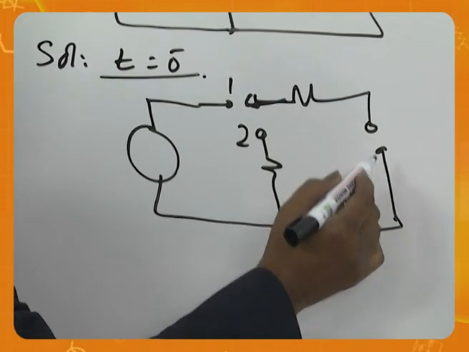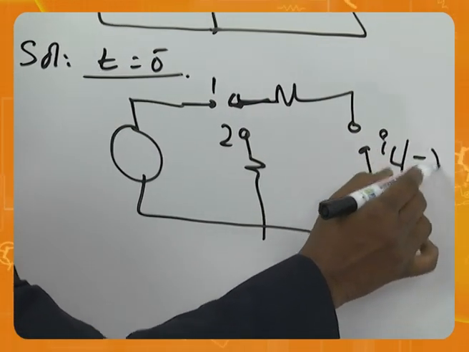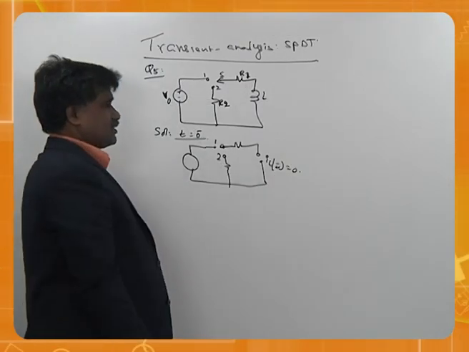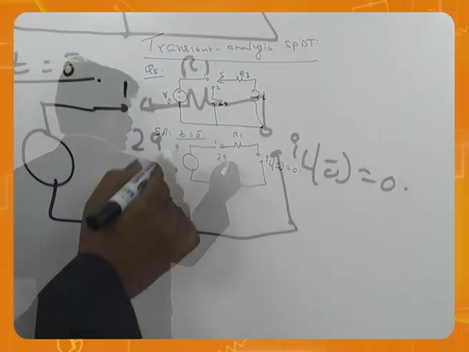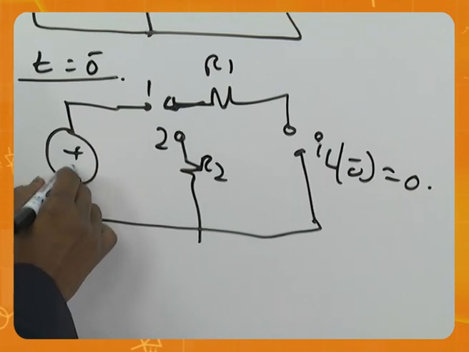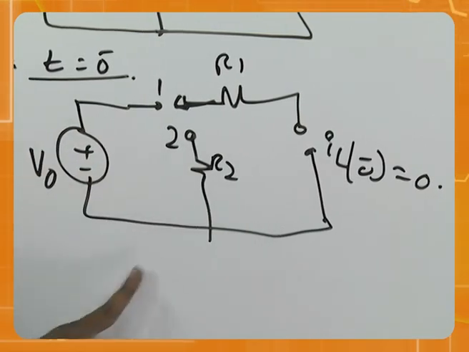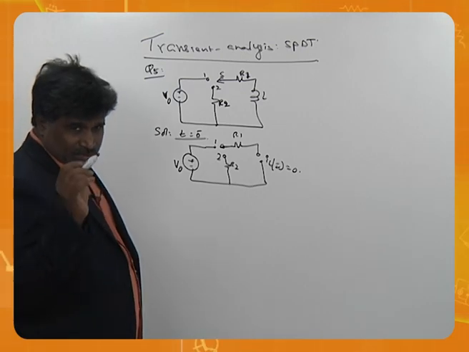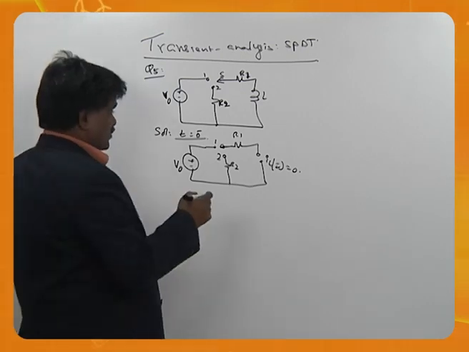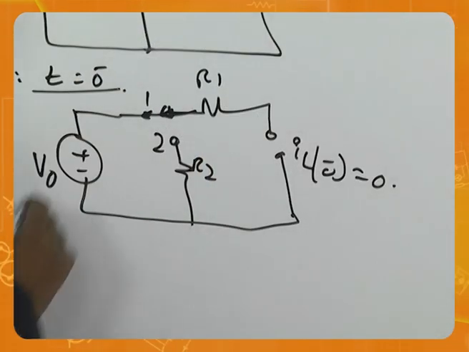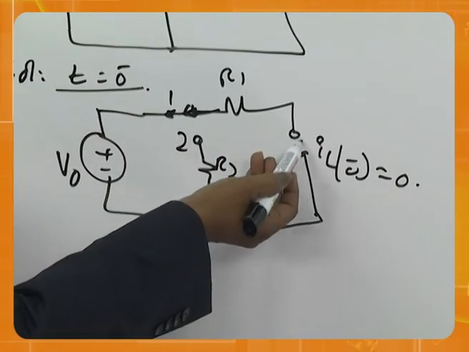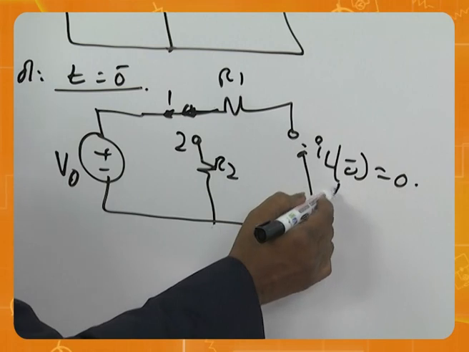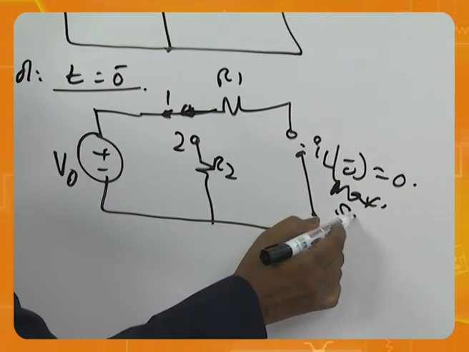For the inductor, I am saying at 0 minus it is 0. R1 here, R2 here, plus minus V0. Now once again read that. The switch is at 1 for a long time. That means the inductor is fully charged, with full current, maximum current. That means short circuit.